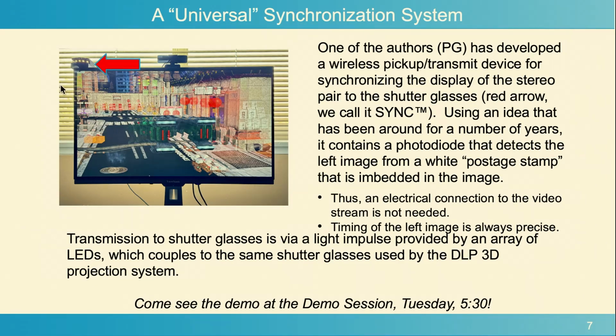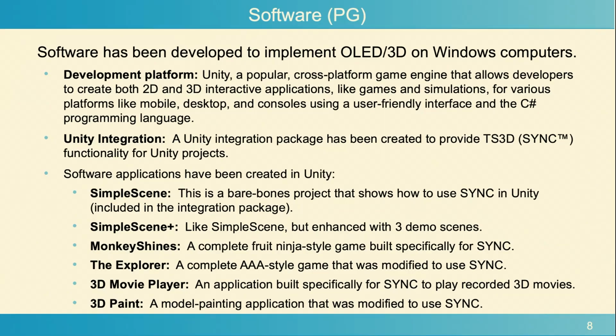Not only does it pick up the postage stamp, but it also sends a white light signal that will interface with the DLP glasses. Peter, you want to come up for a minute? I'm going to ask him to say a few words about the other software that he's developed.